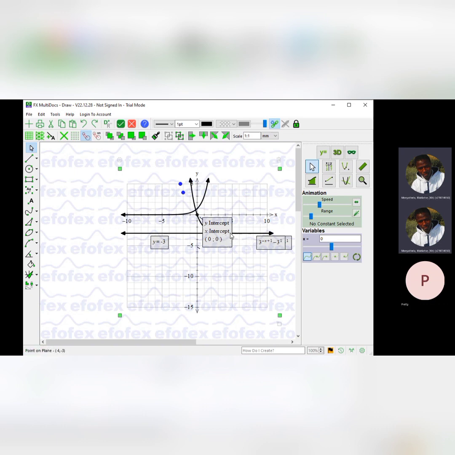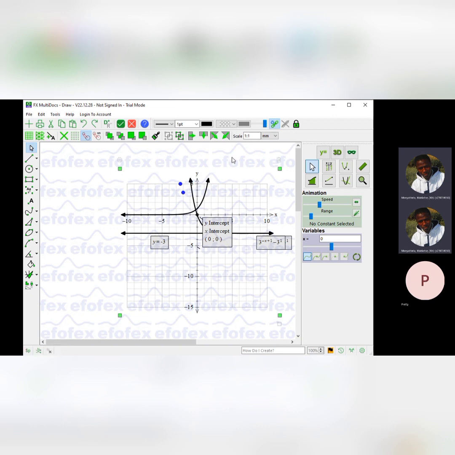So yeah, it was somewhere here. If we're going to move it by 3 units up, it will be 1, 2, 3. Then 1 unit to the left, and then we reflect it along the y-axis.